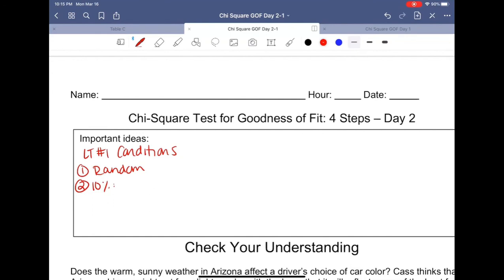With this, I like to use lowercase n for the sample is less than 1/10 of capital N for the population. And then the last part here is that we are checking large counts. That is our last condition, and this is that all expected counts are greater than 5.